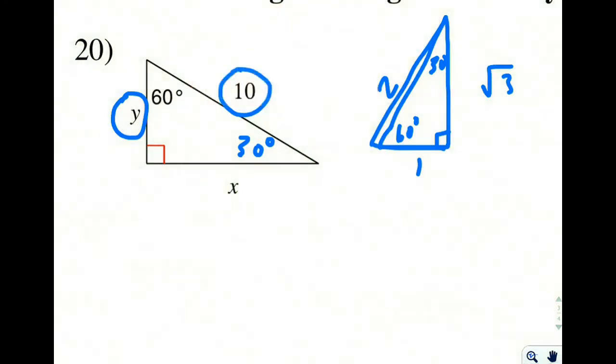So I can replace this y and say y is equal to 5. And generally it's always best to get your shortest side first, because everything depends on that shortest side. Now that I know y is equal to 5, x is 5 times the square root of 3. So I have 5 times square root of 3, and 5 times 2, which we know is 10.